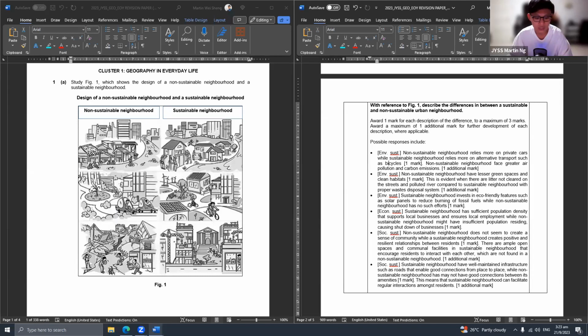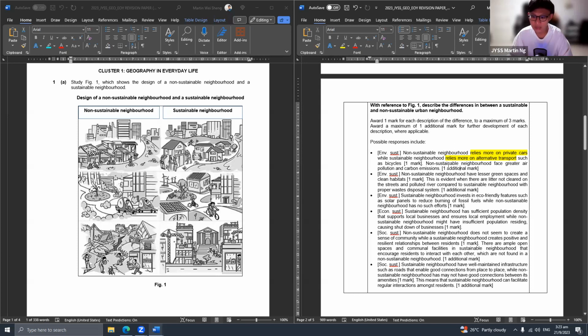In the sustainable neighborhood, instead of the usage of cars, it becomes the usage of bicycles for transport. That is how I get my first point: non-sustainable neighborhood relies more on private cars, while sustainable neighborhood relies more on bicycles, or in this case, alternative transport. That would be worth 1 mark.